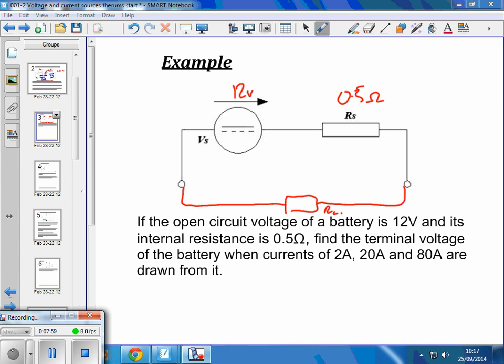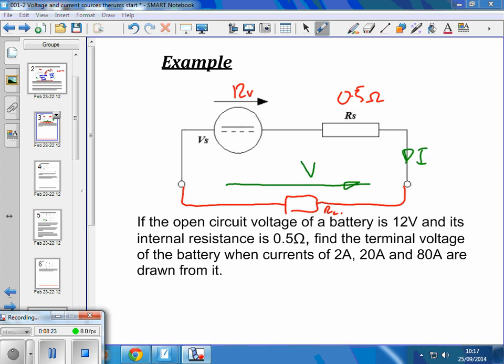Right, so what we're doing here, gents, is we're saying how does this voltage here vary as the current we draw from this source increases.